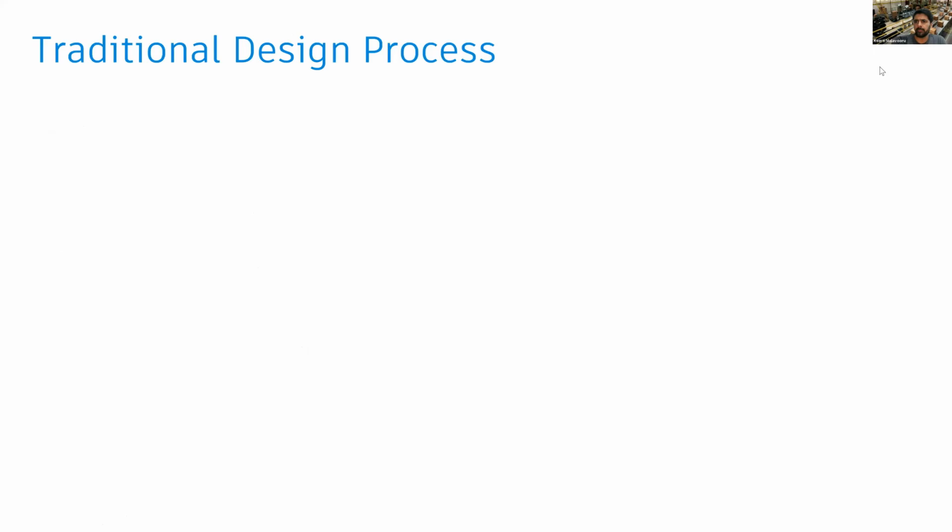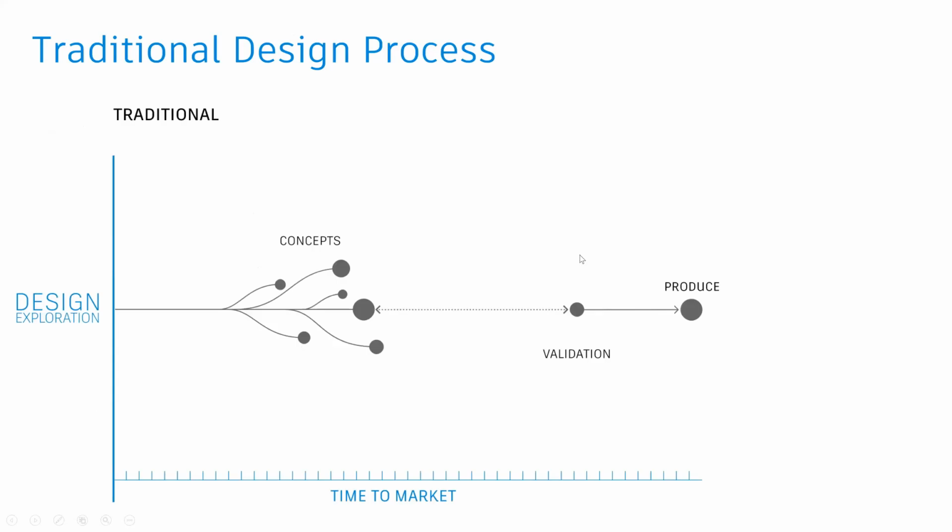So now let's take a look at how the design process is currently done. In the current scenario, the traditional means of design is that you have a bunch of concepts. You then evaluate the feasibility of that, check for its manufacturability, validate that design and produce.